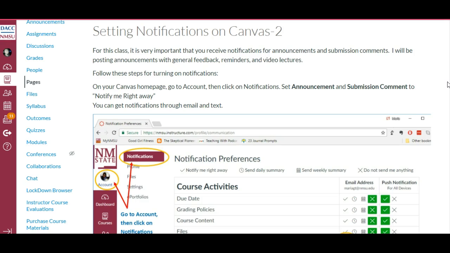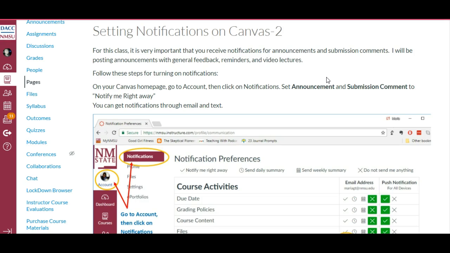So basically, one of the things that you want to do now that this class is officially online is check announcements every single Monday, because that's when I will post sort of a summary of what's going on that week. In the announcement, I'll provide updates and information, like maybe I'll say, oh, I noticed that in the last assignment, a lot of people were not citing sources correctly, so go ahead and work on this.